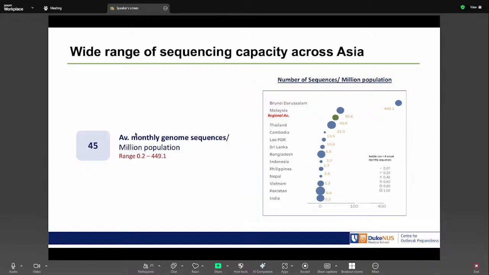There's no Singapore here, because Singapore is off the scale, I think. We're sequencing way more than our population. But as you can see, there's a huge variety in the region in terms of how many SARS-CoV-2 sequences were sequenced in relation to their population, which is, again, an issue. Variety, range, diversity in the capacity of sequencing.